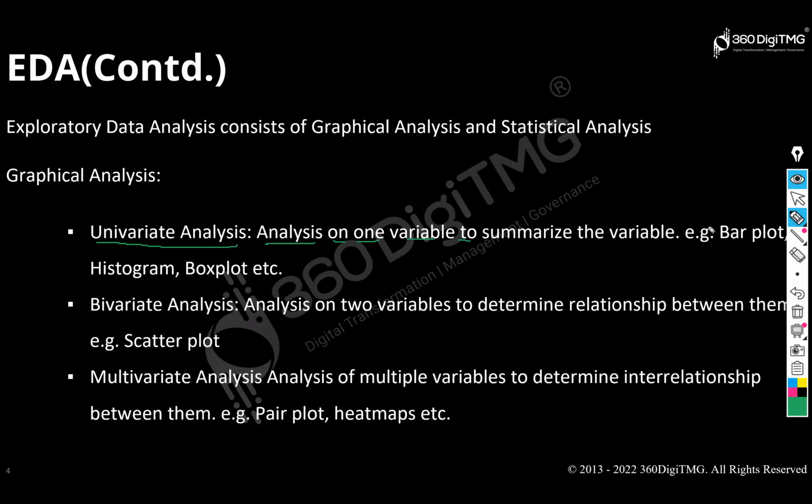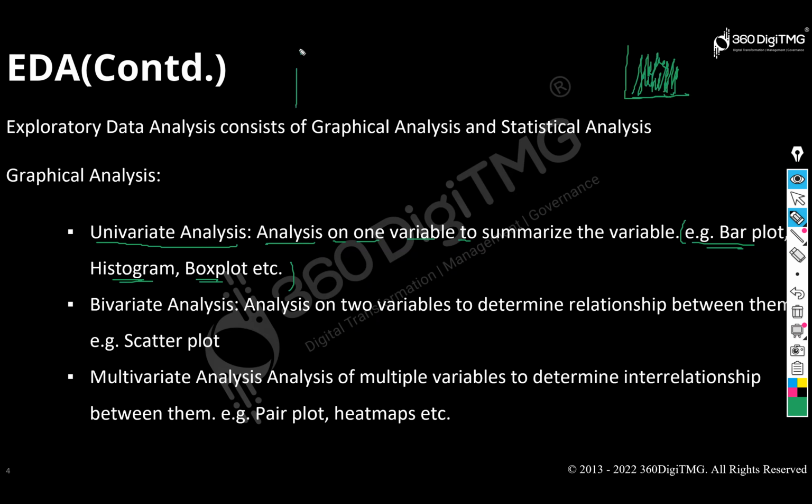If there are multiple columns, we can analyze each column separately using bar plot, histogram, and box plot. Bar plot is not much useful because it is clumsy. You can't get much inference from the bar plot.